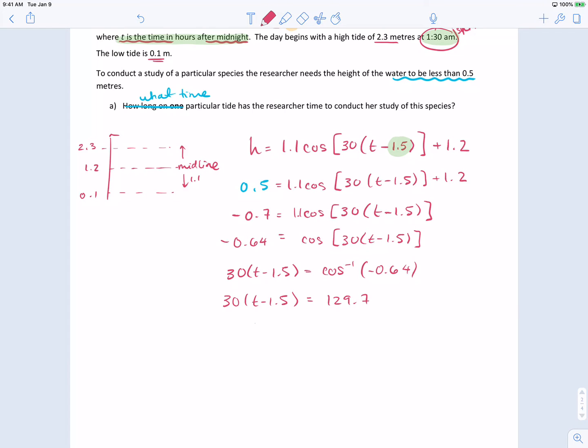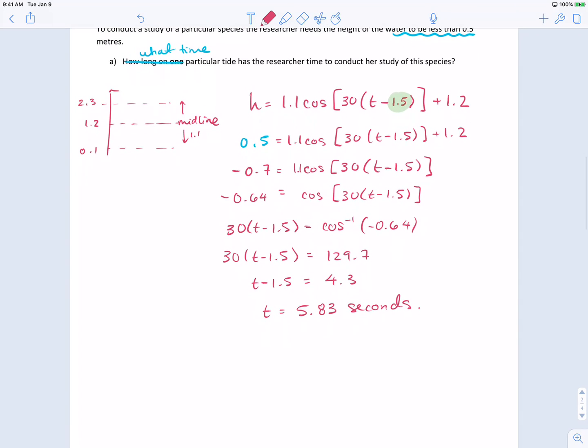At this point, I divide both sides of my equation by 30 to leave me with 4.3. And when I'm adding 1.5 to isolate for t, I'm left with 5.83 seconds. So at 5.83 seconds, the height of the water is at 0.5.